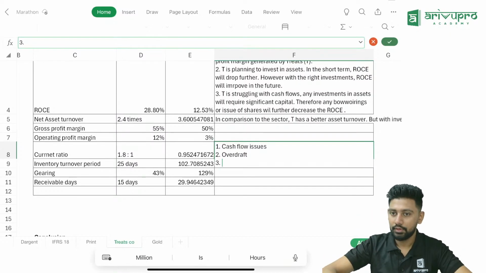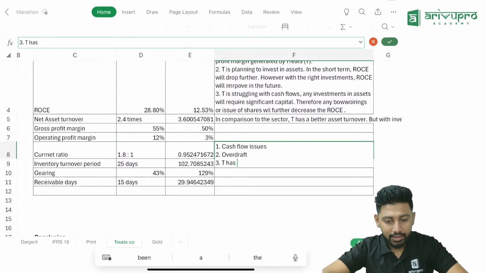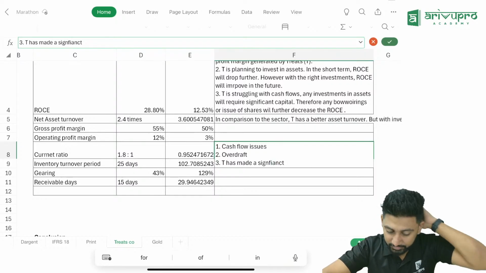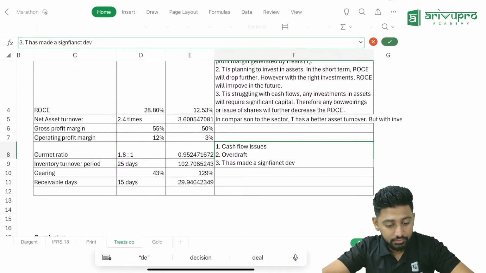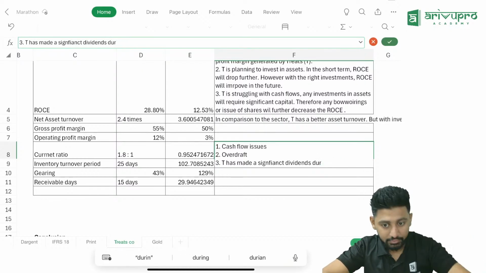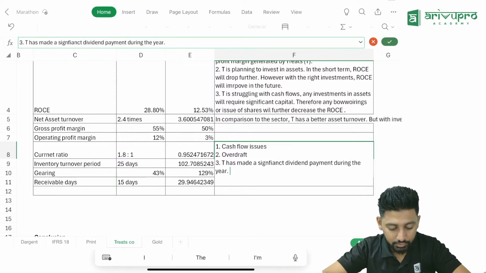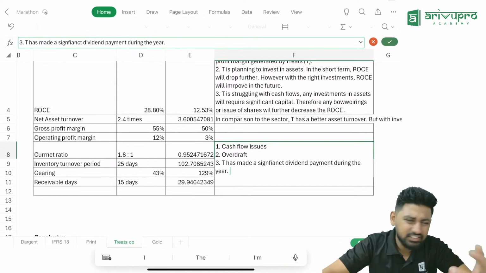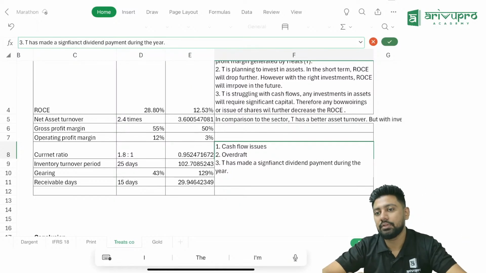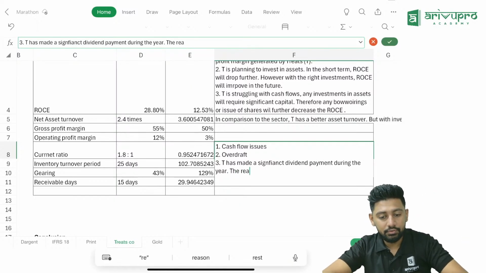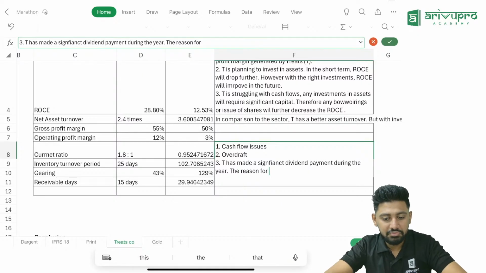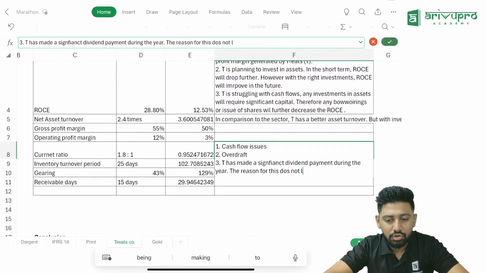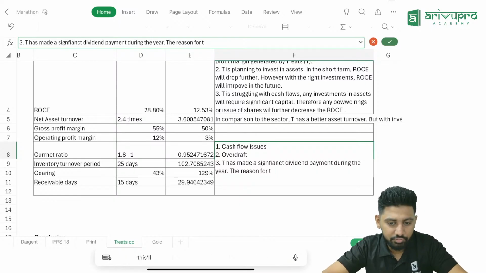Number three, T has made a significant dividend payment during the year. Are we clear? Is it justifiable? It doesn't look justifiable. I can't say the reason, but we do not know.